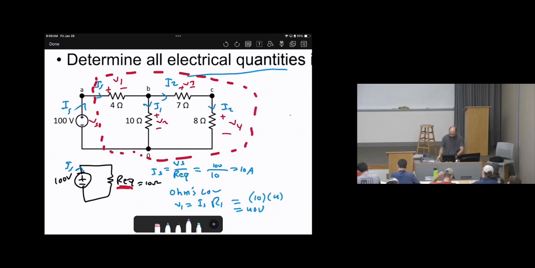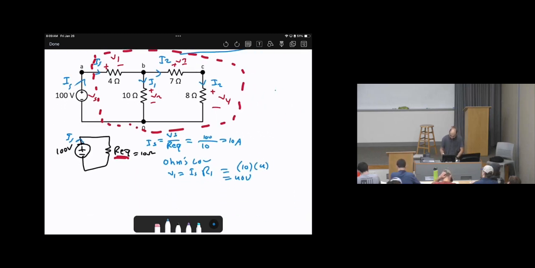So let's do KVL, and I'm going to label the loop as loop 1. Don't forget to label the loop in your circuits when you apply KVL. So KVL at loop 1. Please make sure to justify your answer, and know where you are applying your KVL.